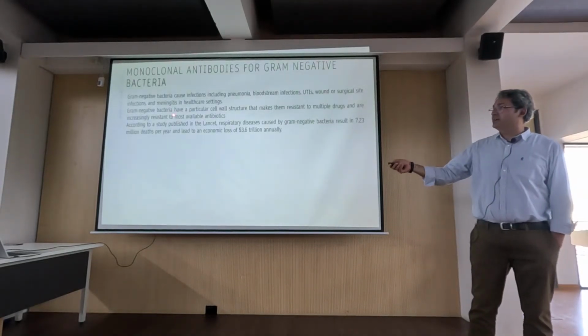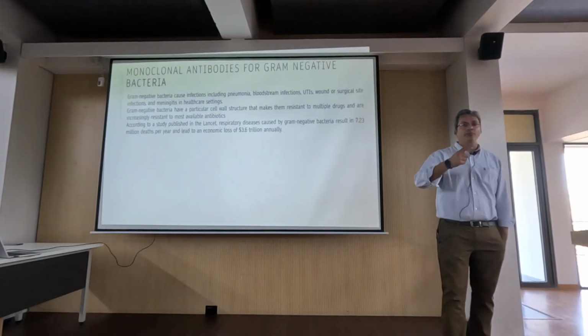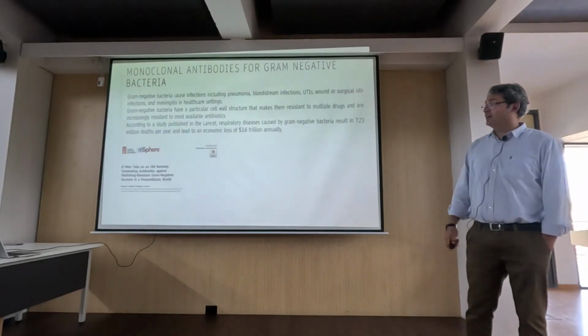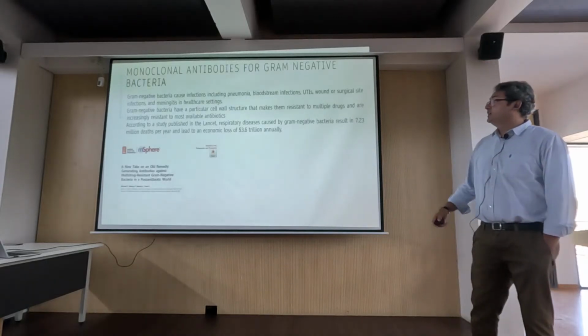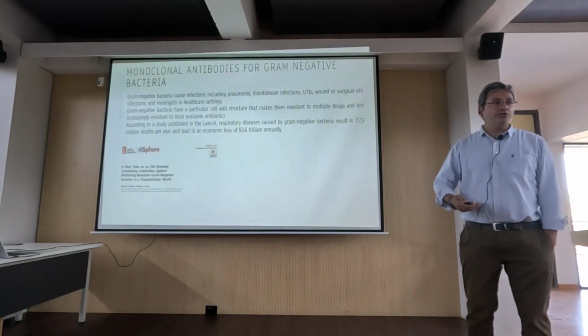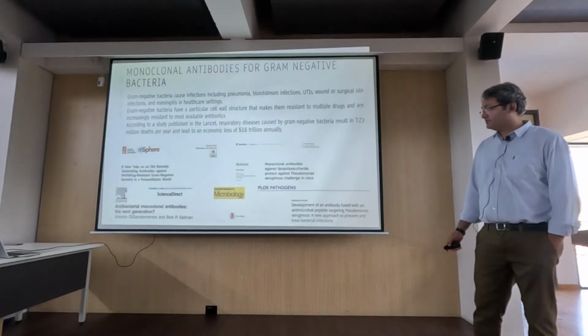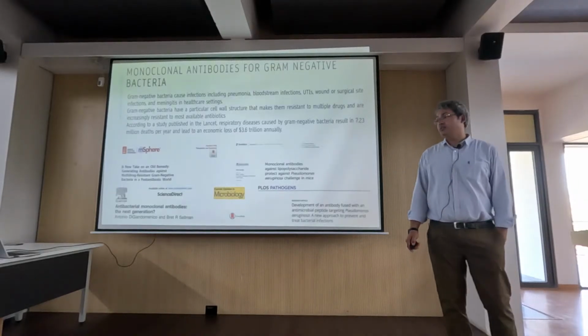And another aspect is these gram-negative bacteria have a typical cell wall because of which they generally generate resistance to these drugs. Again, a lot of research is going on to come up with different monoclonal antibodies, different combinations of monoclonal antibodies against gram-negative bacteria, and they are also in very advanced stages of clinical trials.